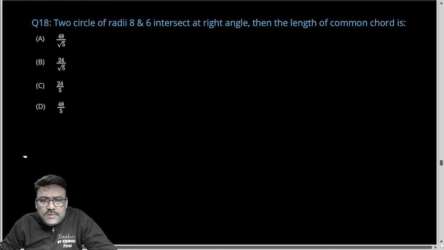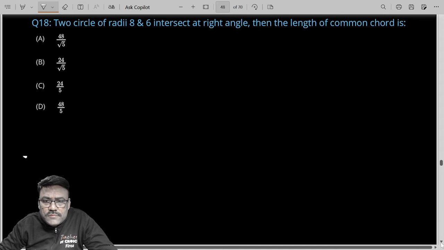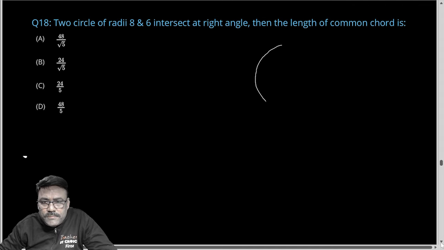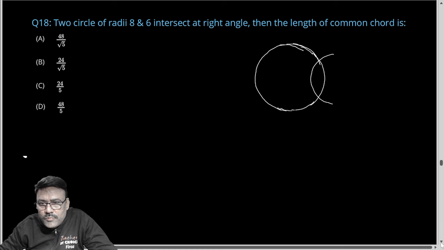Okay. So let's draw the figure first. So I have two circles. One circle is, let's say, this. Its radius is 8. And we have another circle of radius 6. So these are the two circles here.